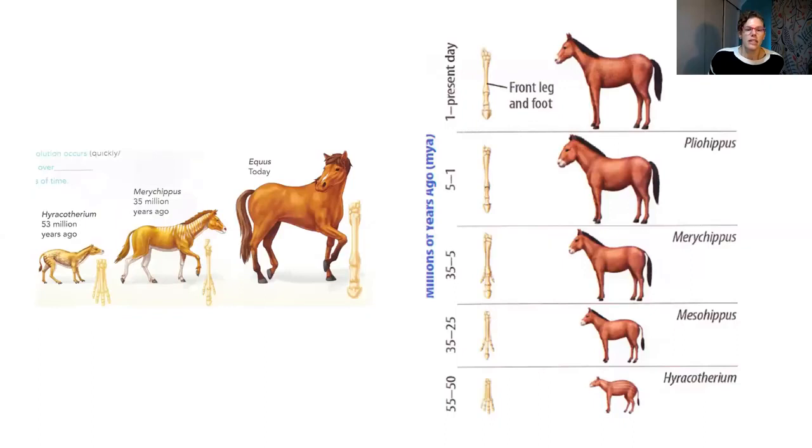So here is an example of two diagrams showing the evolution of horse forelimbs, from having multiple toes and multiple bones to gradually becoming just one toe. They kind of lose their multiple toes and the bone lengthens. And you can see in this one, in making these alignments, these are in direct alignment. You can draw these correspondences very directly.